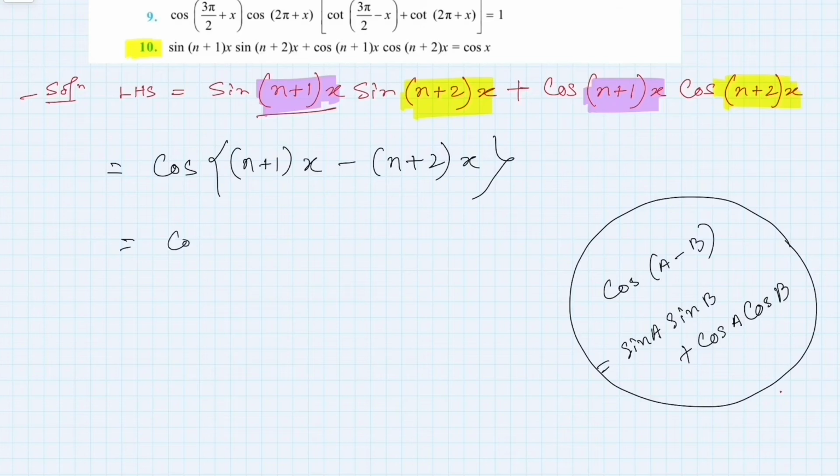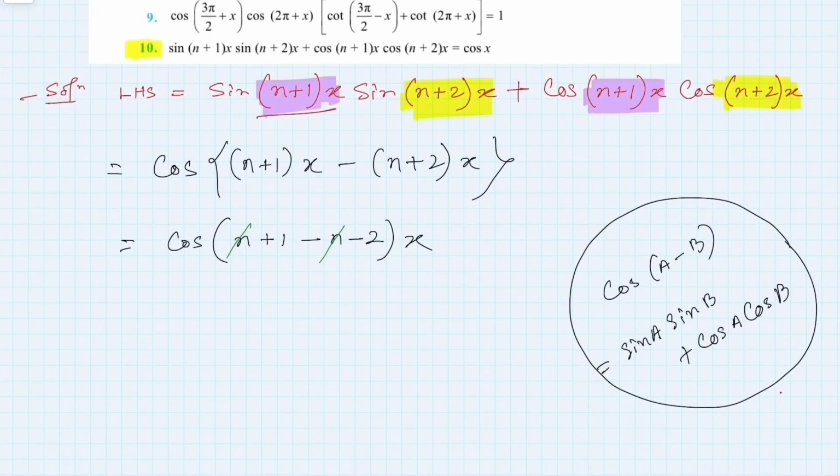Okay, now cos of (n+1) minus (n+2), and take x common. So here n is gone, so we have cos of (1 − 2), that's going to be −1 into x, that is cos(−x).